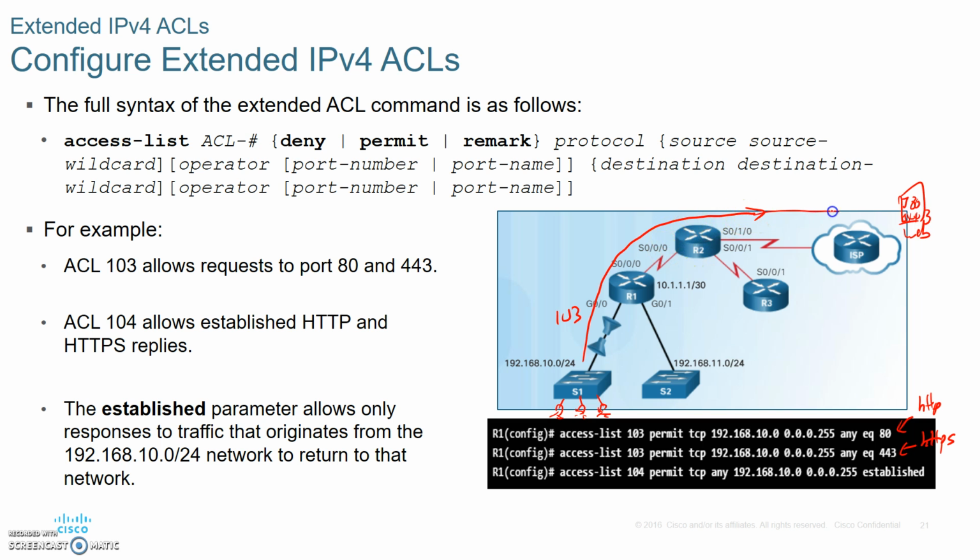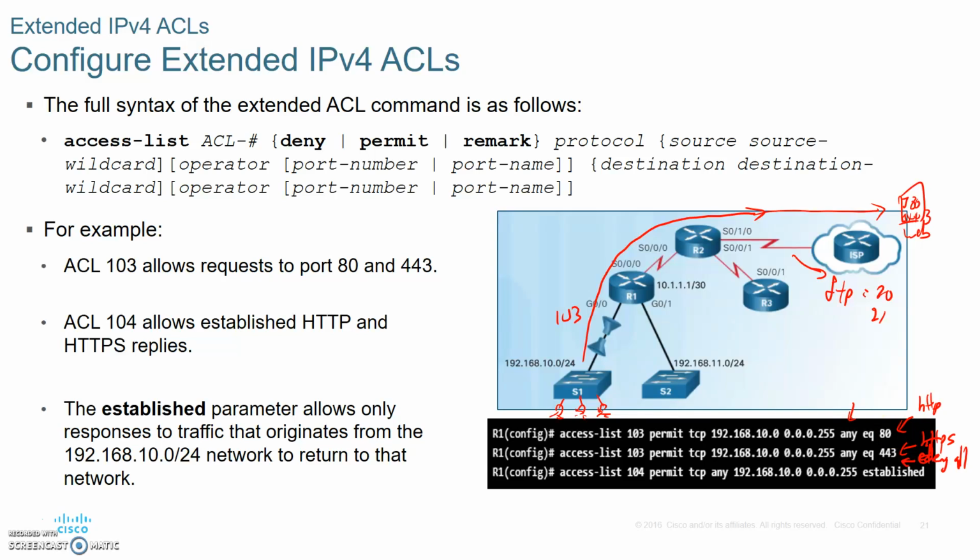So I allow them to browse to different web servers. Do I specify the destination web server? No, it can be any. If a user here tries to do FTP, which is port 20 or 21, will that traffic be allowed? No, because the last rule for 103 is to deny all packets. So they are not allowed to do anything else except 80 and 443.